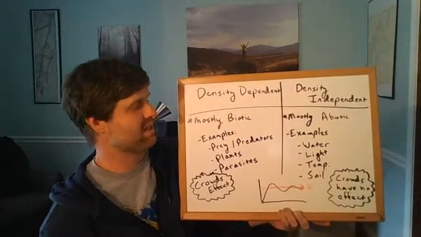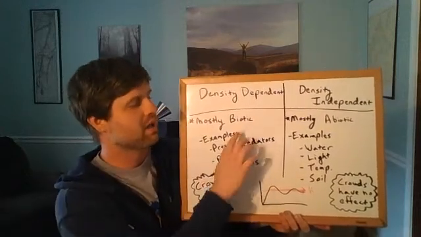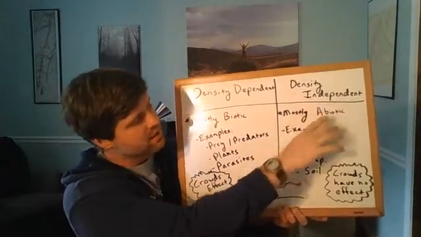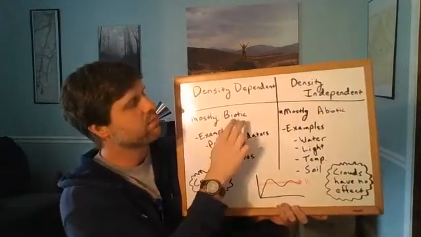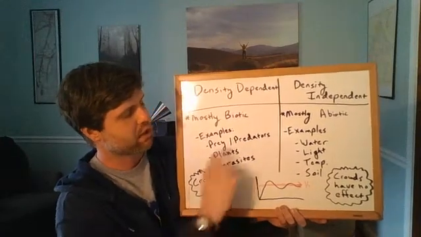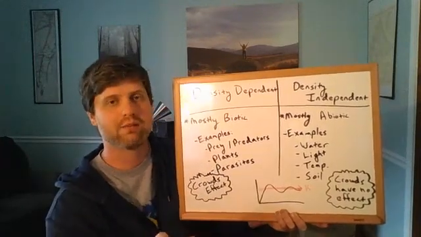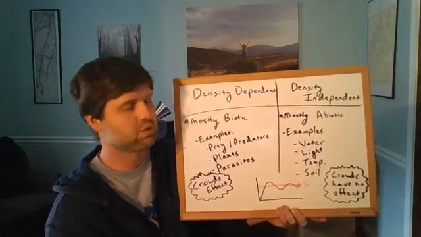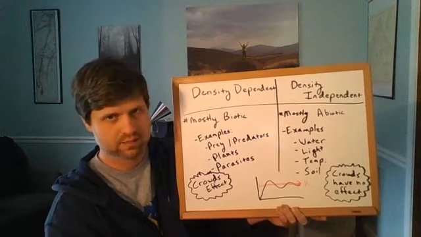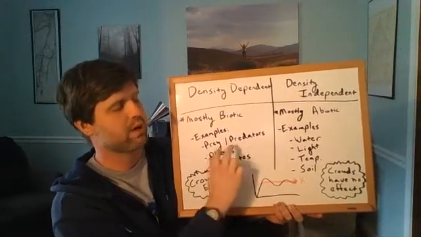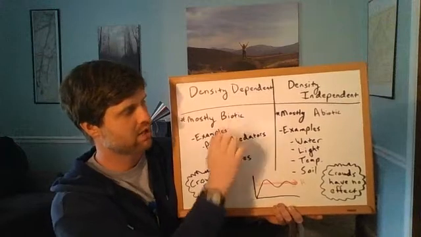Density dependent. Most of them are biotic. Biotic means it's living. Abiotic means it's not living. Density independent is mostly abiotic. So these are mostly living factors for density dependent. Things like predators and prey. The more prey you have, that's going to increase the population. The more predators you have, that's going to decrease the population. These are living biotic factors.